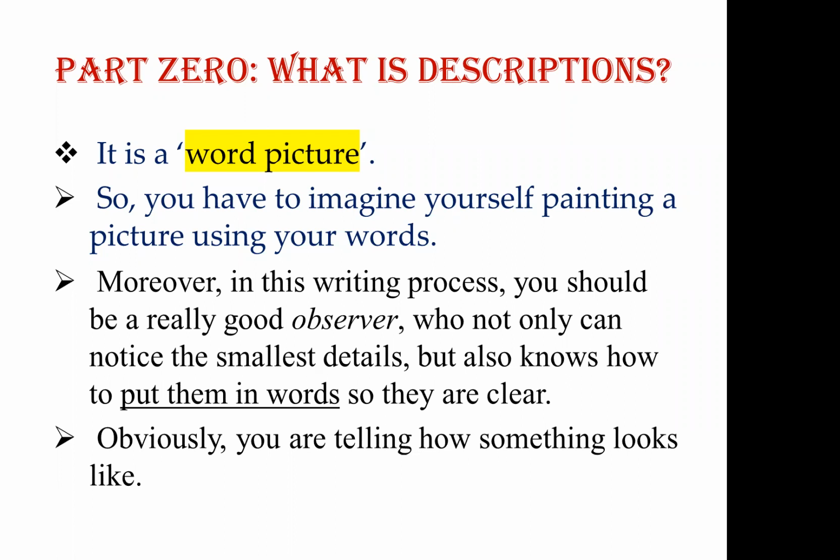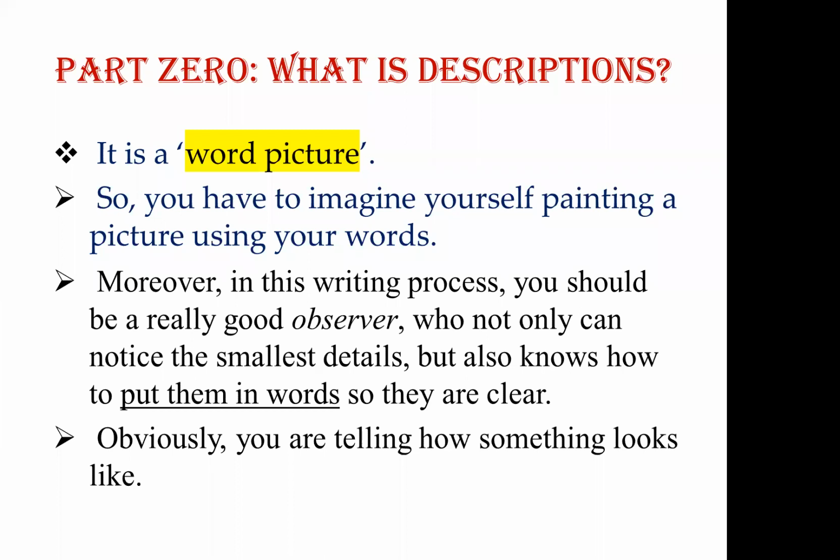In this writing process, you should be a really good observer who not only can notice the smallest details, but also knows how to put them in words so they are clear. So in writing a description or a descriptive paragraph, you have to know two things. You have to focus, you have to observe and know things well.